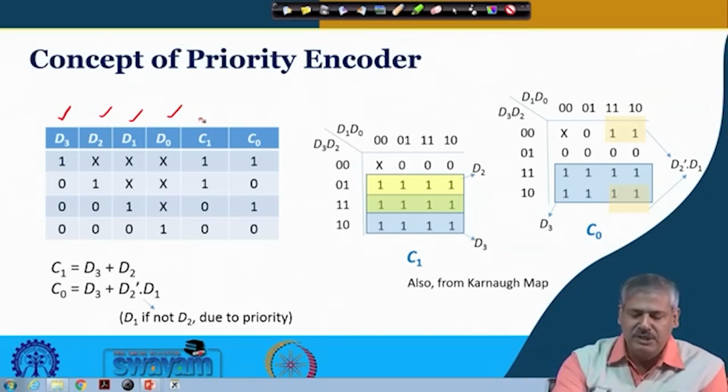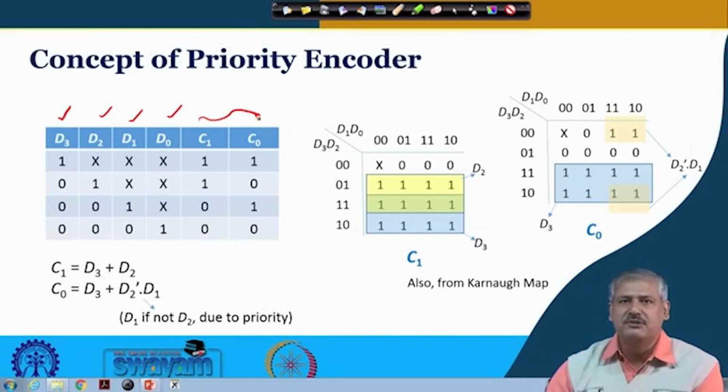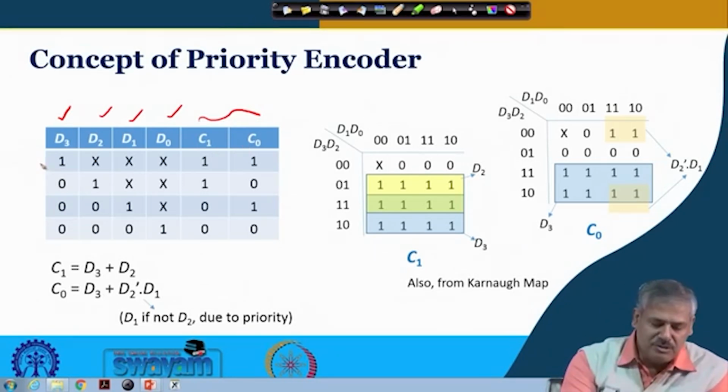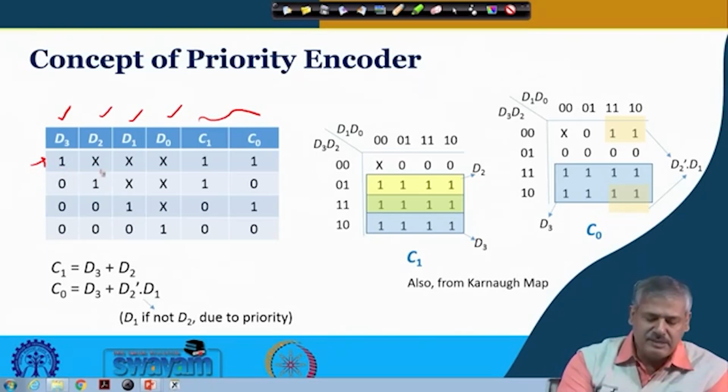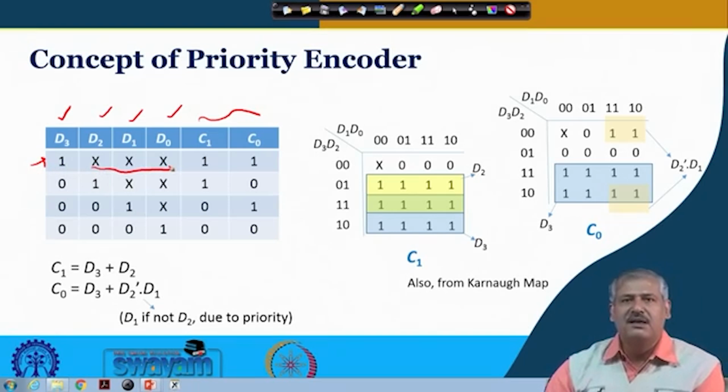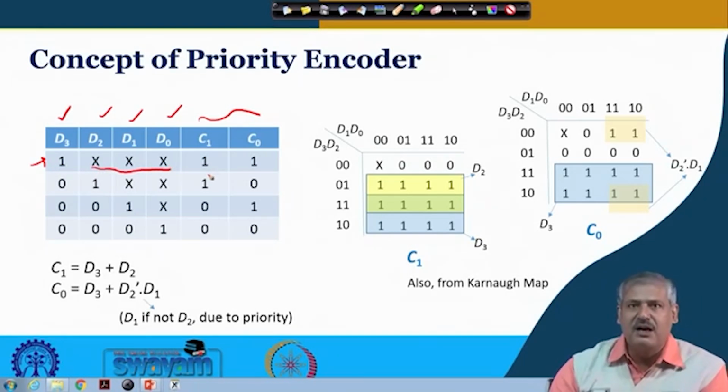These are the 4 inputs. For encoding, we need 2 outputs which will encode these 4 inputs, right. We are naming them C1 and C0. Because D3 has the highest priority, when D3 is 1, D3 is active, and irrespective of other inputs, the outputs are according to D3, which is 1 1.